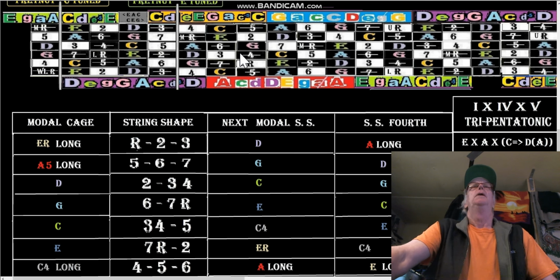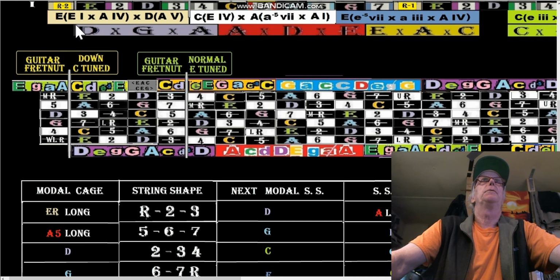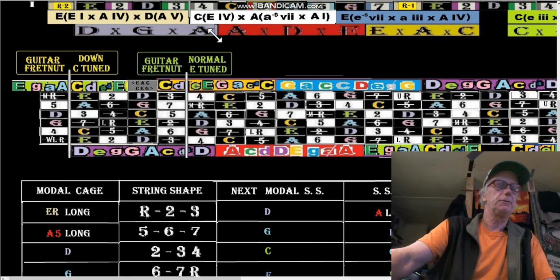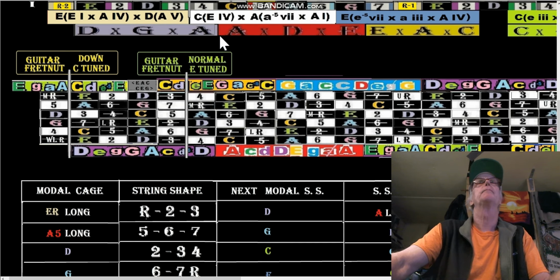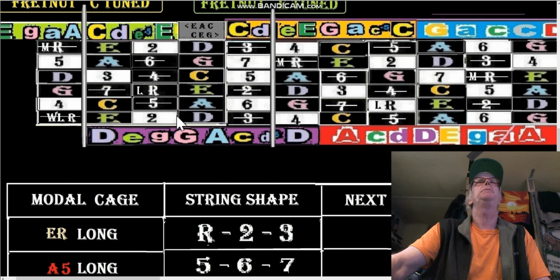Helpful. Now, I just want to show you one thing here where we have D, G, A here. I don't want to waste too much time trying to make this perfect, but down here we have the D box that we were just talking about.